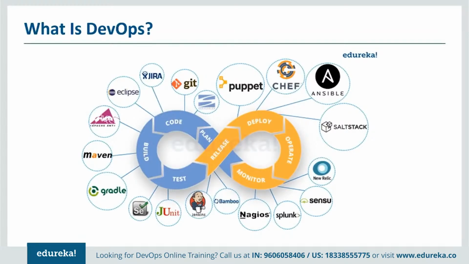Of course, if you have to do some builds, you can use a Kudu server, you can use Maven, you can use Gradle. So all these different tools are used to build your applications. Finally, if you are done building your code and have done all the check-ins, then the testing happens. You might be using Selenium or JUnit to do the testing of your applications.